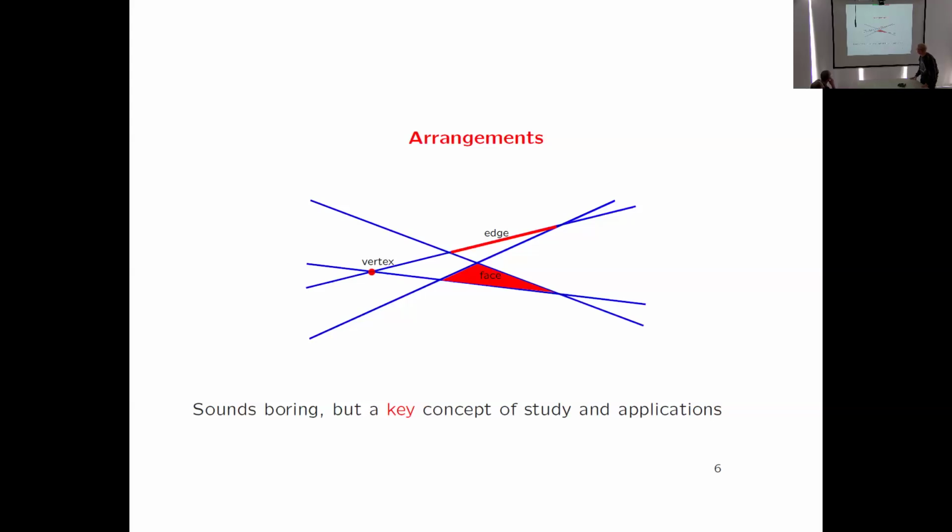So, for example, this would be an arrangement of lines in the plane. There are three types of cells in this case: a zero-dimensional cell, a vertex lying on two lines and disjoint from everything else; an edge, a maximal connected piece of a line disjoint from all the other lines; and a two-dimensional face, not contained in anything and disjoint from everything, maximal connected.